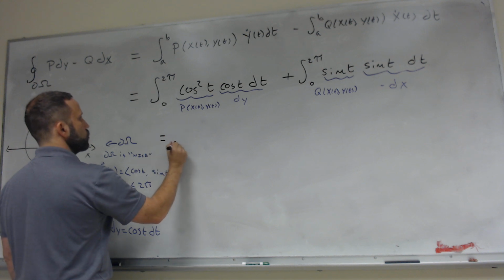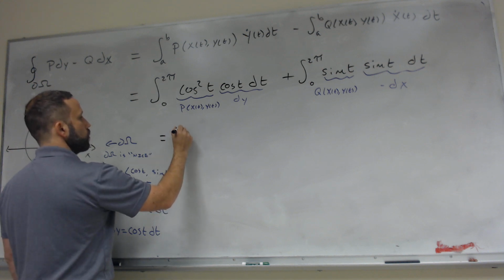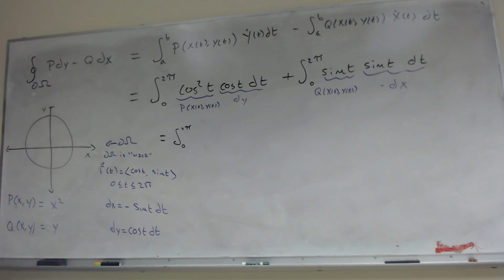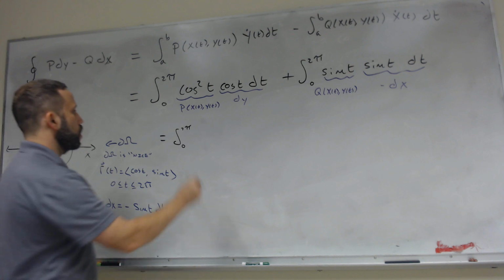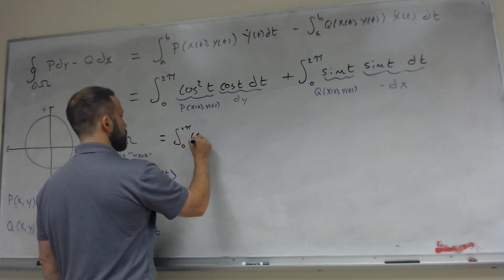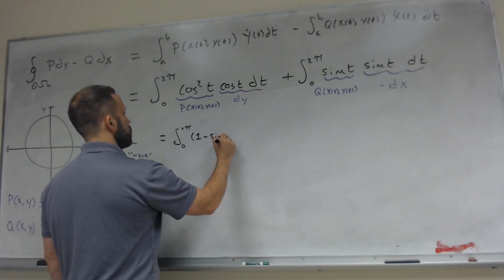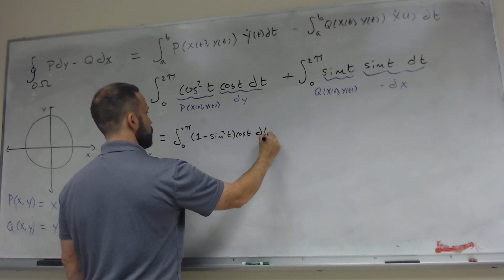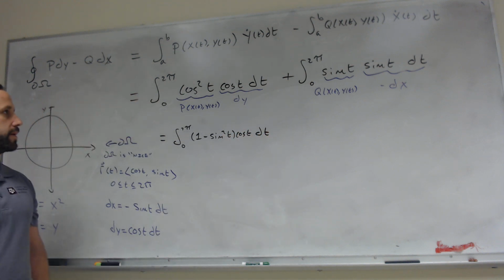Now for this integral, this is the integral from 0 to 2 pi. Pause for a minute, see if you remember how to do this integral. Hopefully we'll get the same thing. Cosine squared, I can write as 1 minus sine squared, and then cosine. This is a very good u-sub integral.